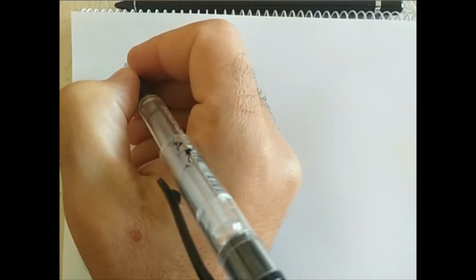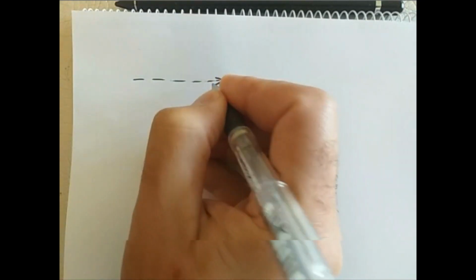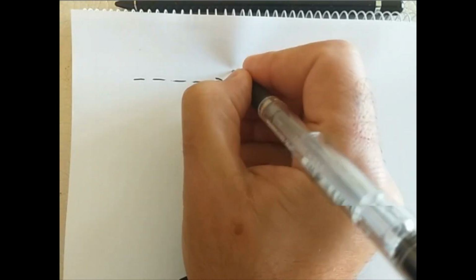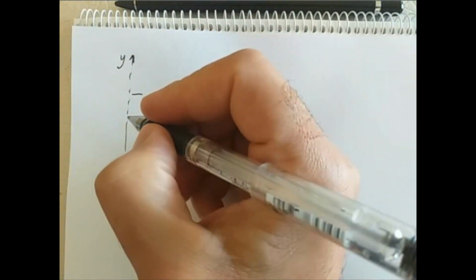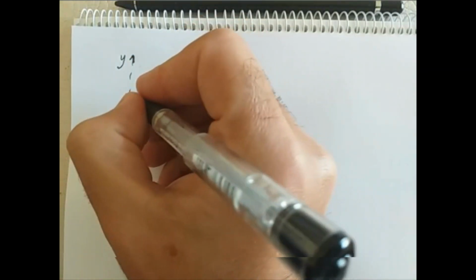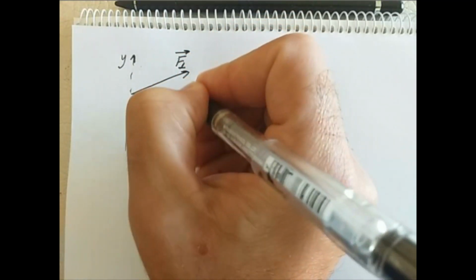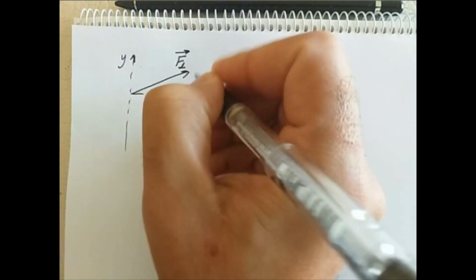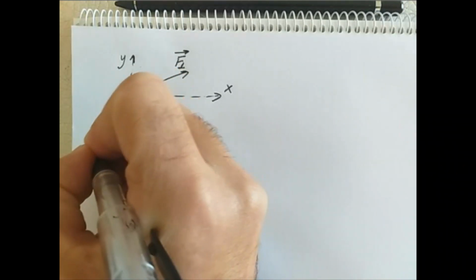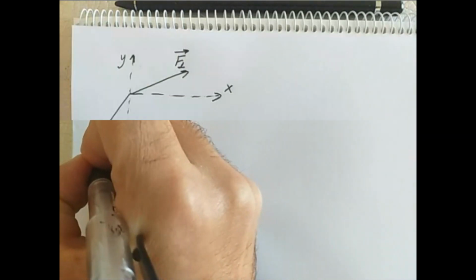Now we are given two forces, F1 and there exists another force, F2. Of course, the angle between these two is given as 120 degrees.